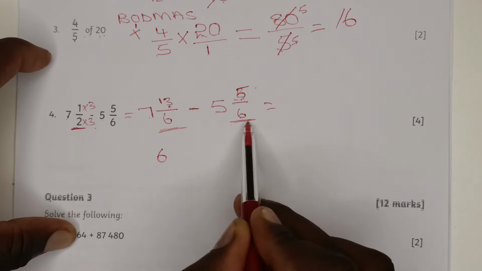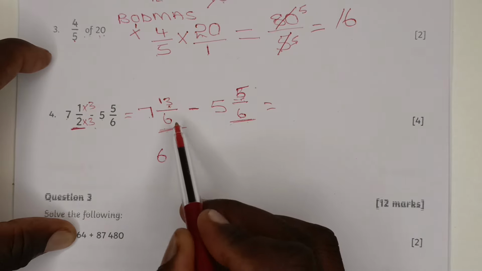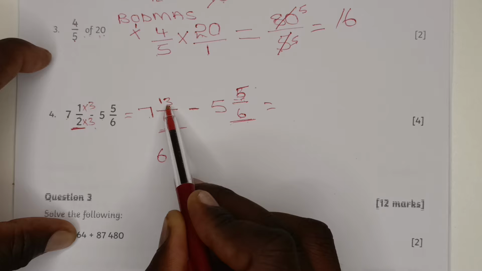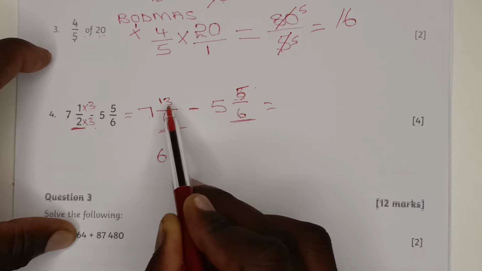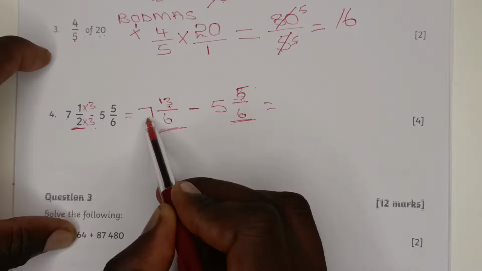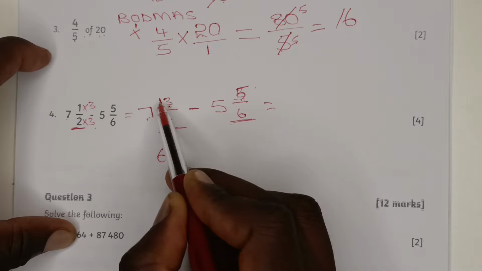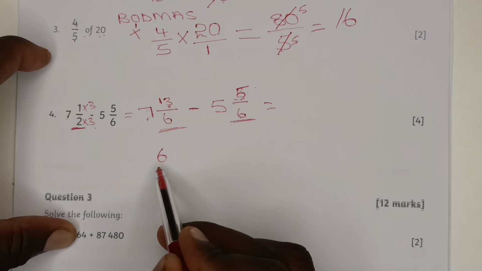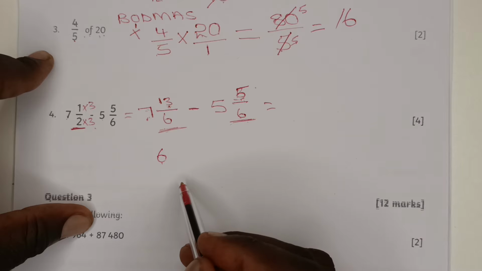Now that we have got a similar denominator, we cannot subtract 5 from 3, so we come to this and we borrow 1 from 7 and we have got 6 now.